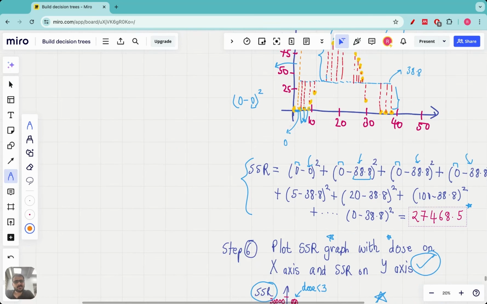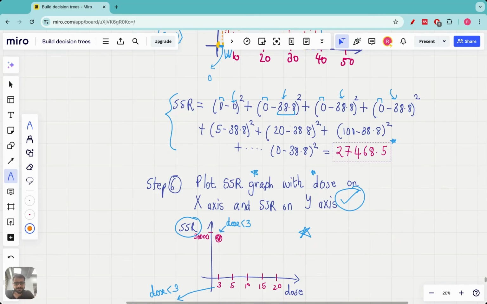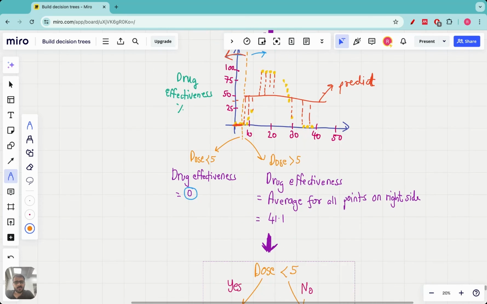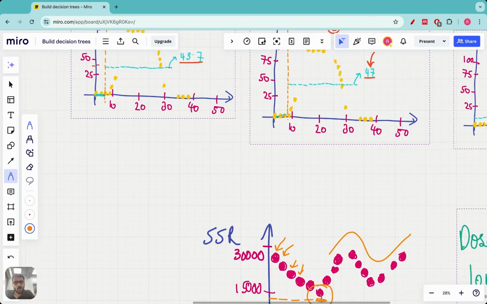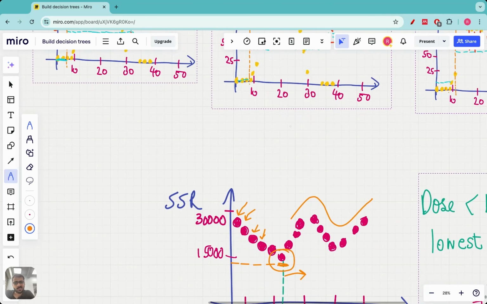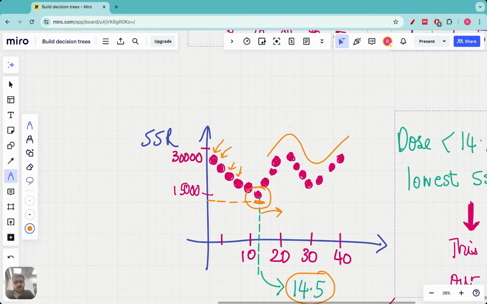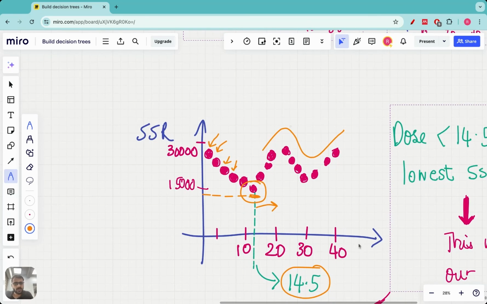You have to find the sum of the squared residuals for different thresholds of dosage, and then you have to plot the sum of squared residuals as a function of the dosage. So on the x-axis here, actually we have the dosage. So let me just write it over here. On the x-axis we have dosage.